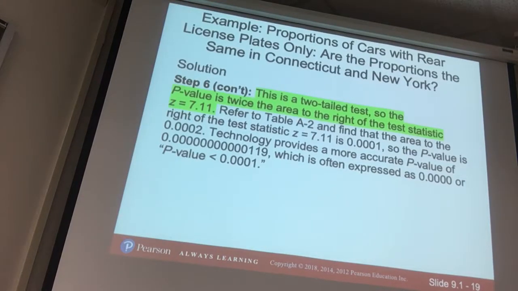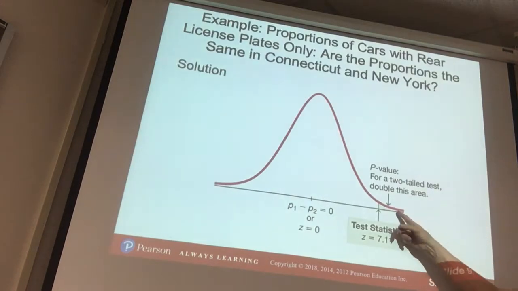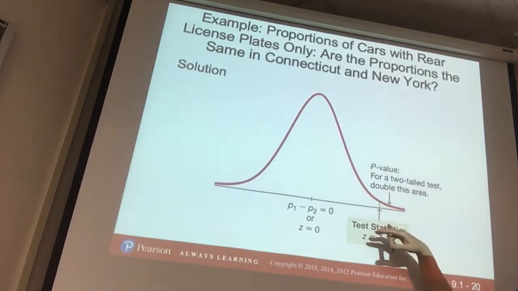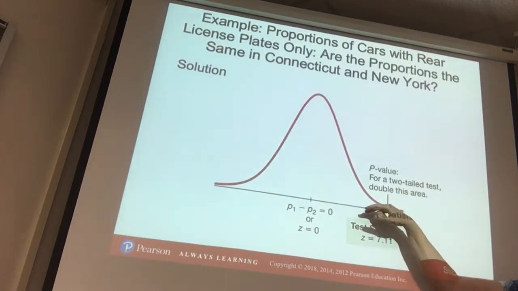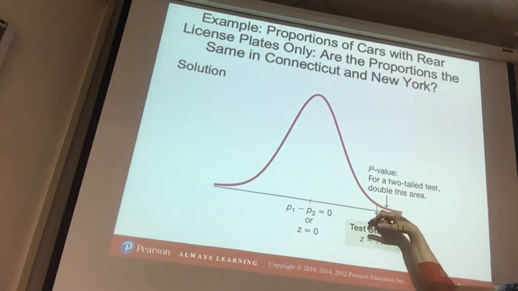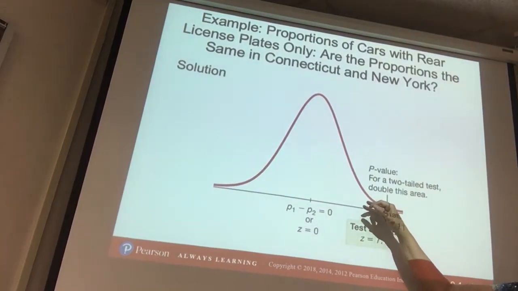So then we're going to say our p-value is way over here in the tail. The test statistic, 7.11, is in here, and our critical value would be right there.